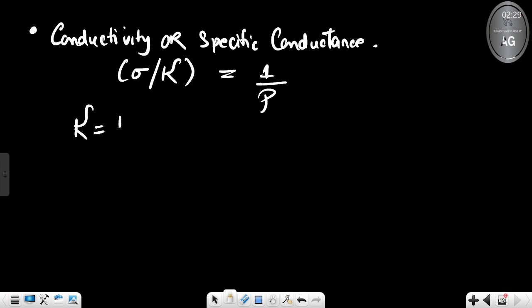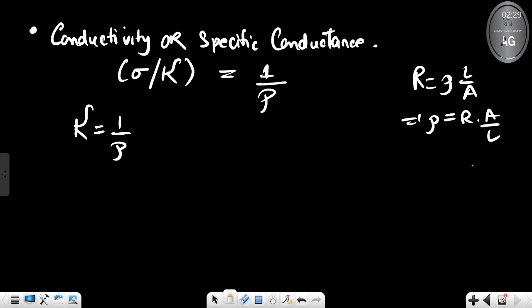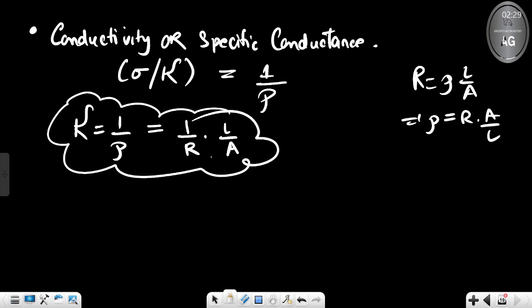Kappa equal to 1 upon rho. What is the formula of rho? R equal to rho L by A, so rho equal to R into A by L. So kappa can be written as 1 by R into L upon A, because it will be inverted, so L by A will become the top. So this is going to be my kappa's formula. From here I can write the modified formula: kappa equal to, this is C.